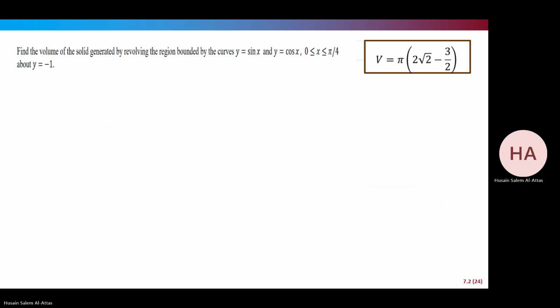Another problem: find the volume of the solid generated by revolving the region bounded by y equal sine and y equal cosine. Be careful here. This is sine, between 0 and pi over 4, and this will be cosine.